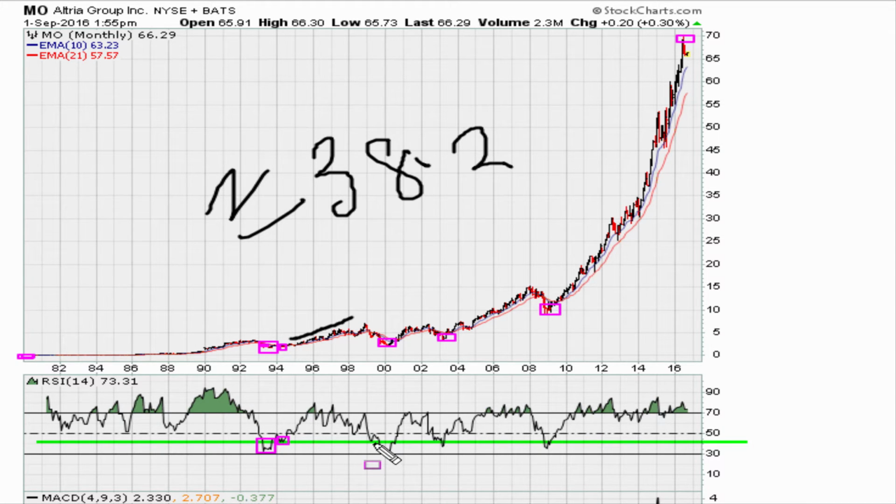We come here in late 99 and early 2000, uniform activity below the green line back above it for the re-entry during the lows there, and of course we had a nice move higher.